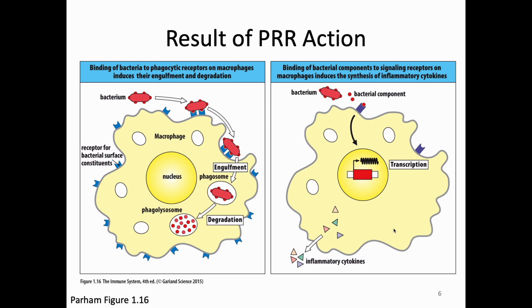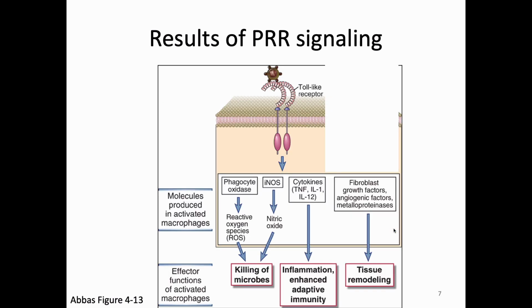And those PRRs being activated is how the macrophage knows there's a bacteria and knows we need to start this process. And so you can see that we're going to see killing of the microbes. In fact, some of the phagocytosis will actually be enhanced by some of this signaling as well.